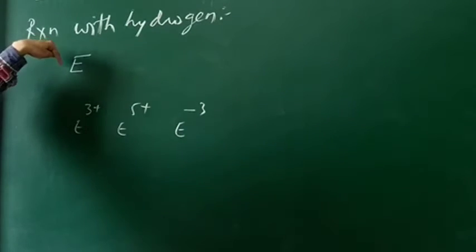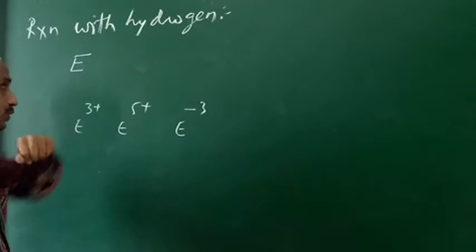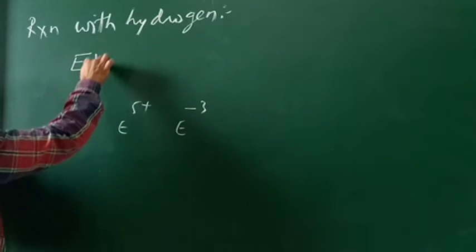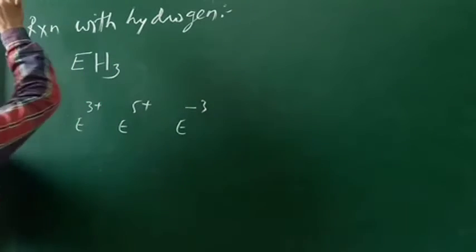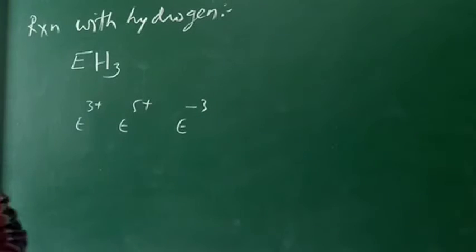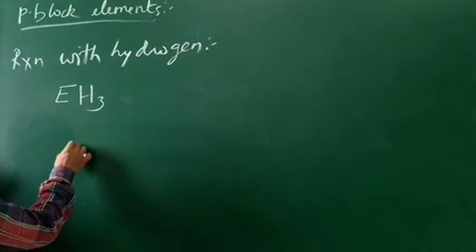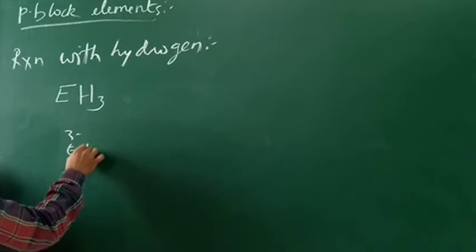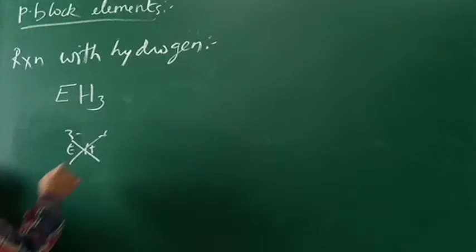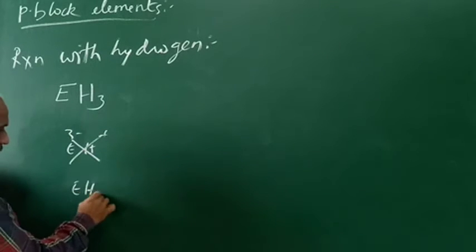So when they react with hydrogen, they usually form EH3. Hydrogen is positive, so E will become negative. So you see here E3 minus, H plus, and it goes here as EH3.